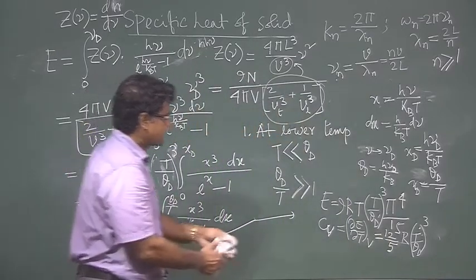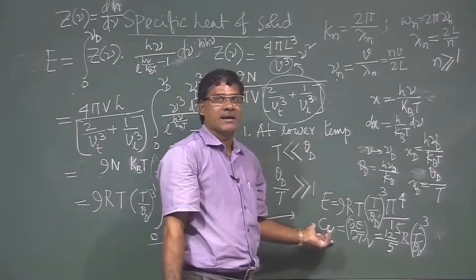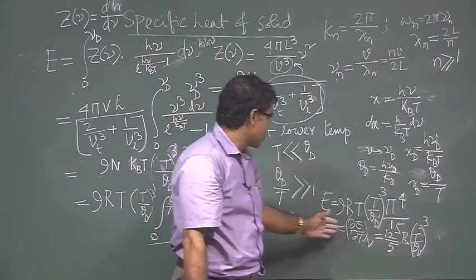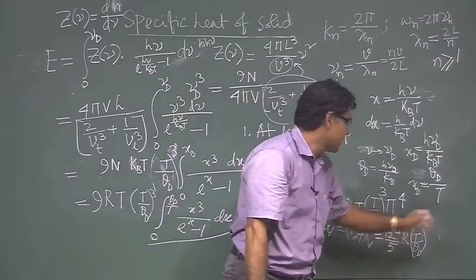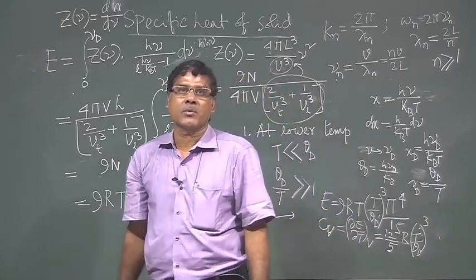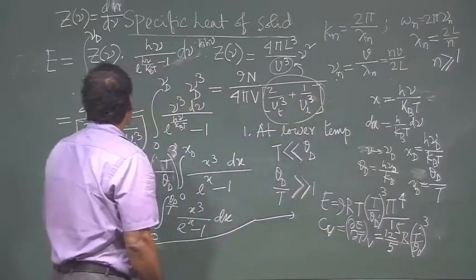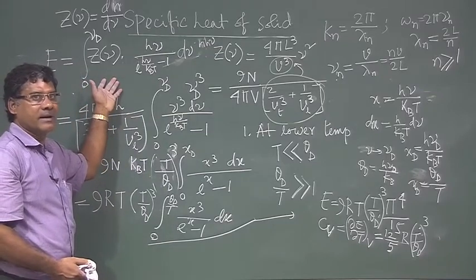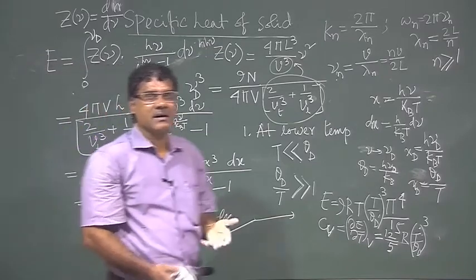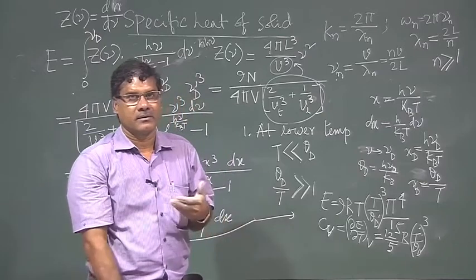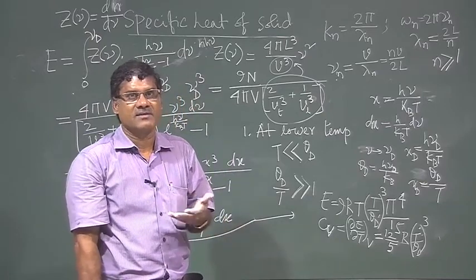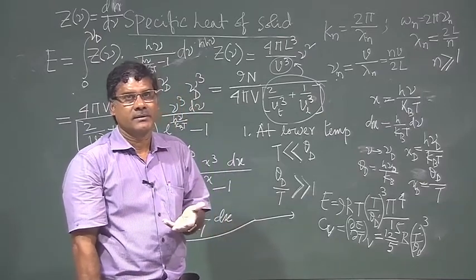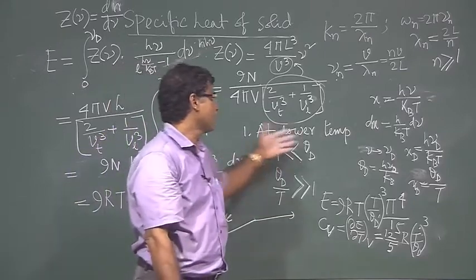So here, now you can clearly see C V is proportional to T cube. That is the great success of Debye theory, that the experimental result demands the variation of C V at low temperature as T cube.